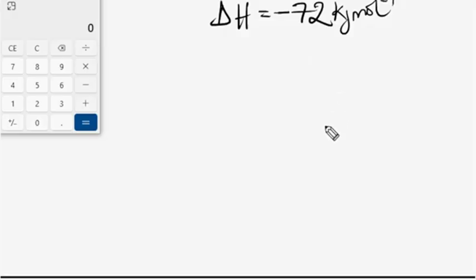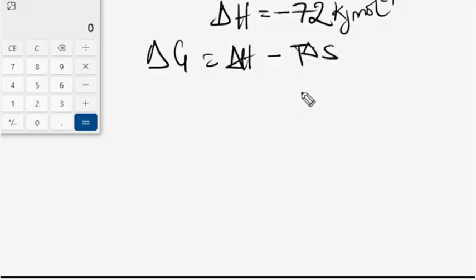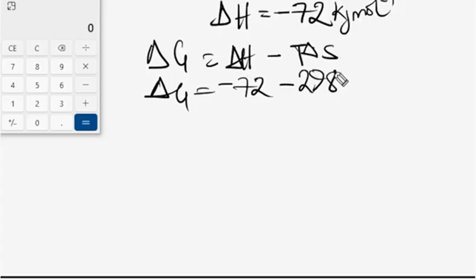So now, if it's this way, delta G will be delta H minus T times delta S. So here our delta G will be negative 72 minus the temperature, that's 25 degrees plus 273, that's 298.